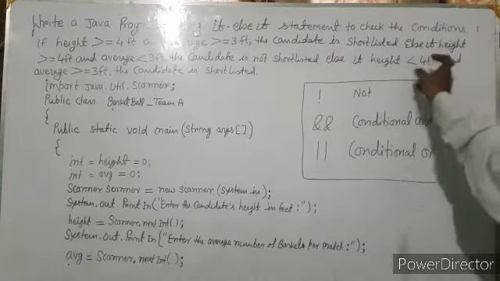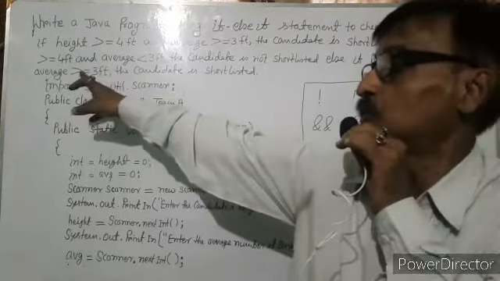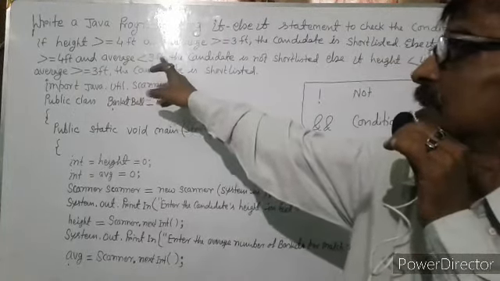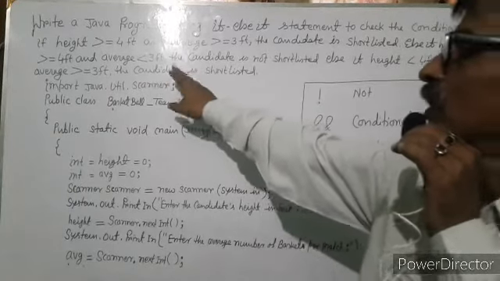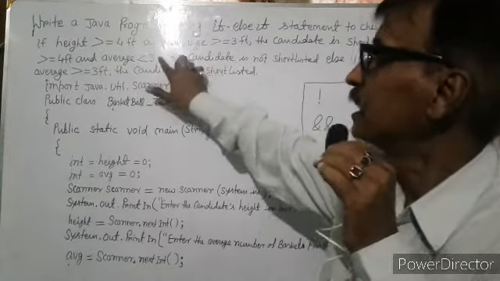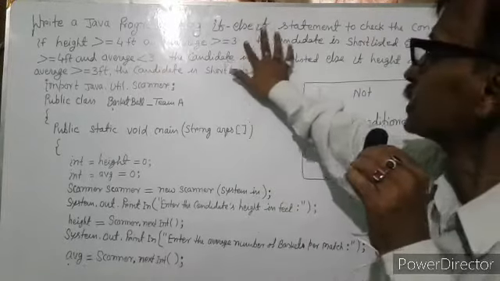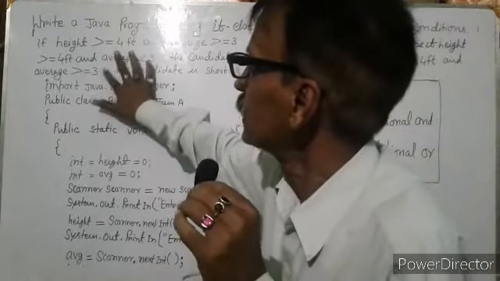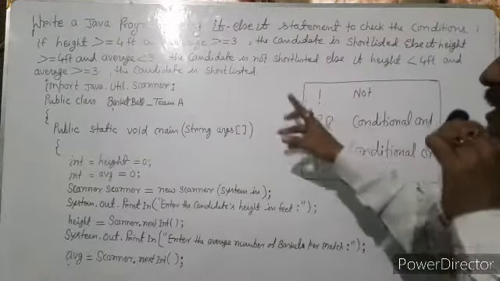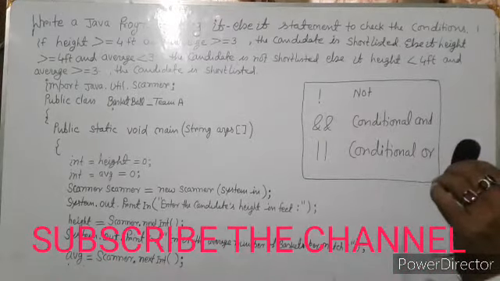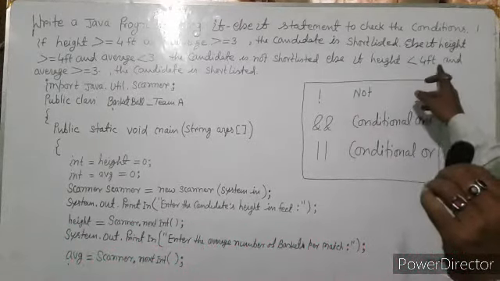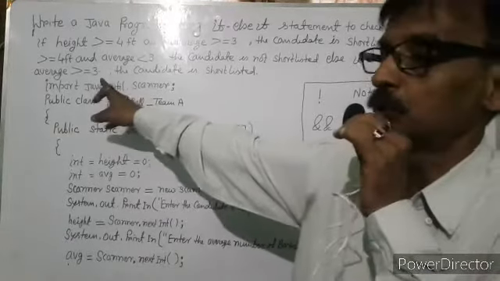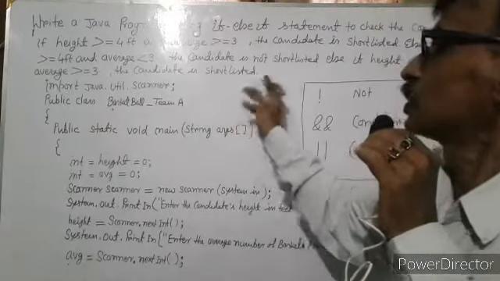Else if height is greater than or equal to 4 feet and average is less than 3, the candidate is not shortlisted. Else if height is less than 4 feet and average is greater than or equal to 3, the candidate is shortlisted.